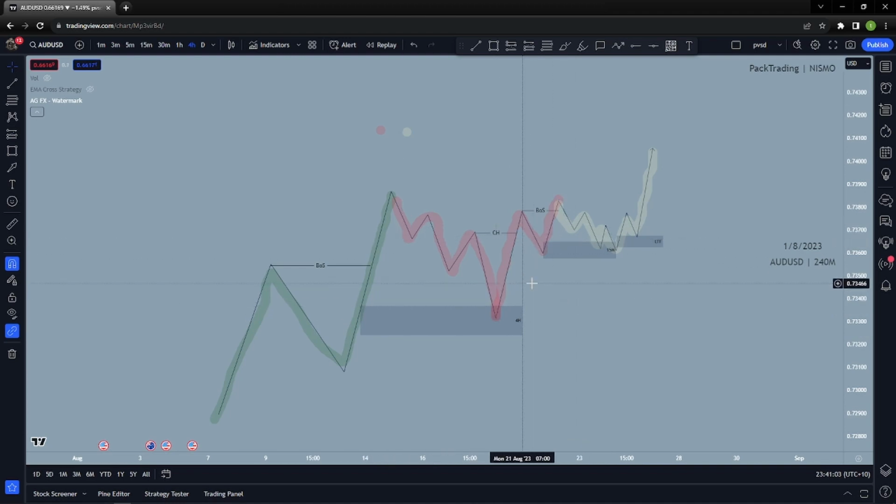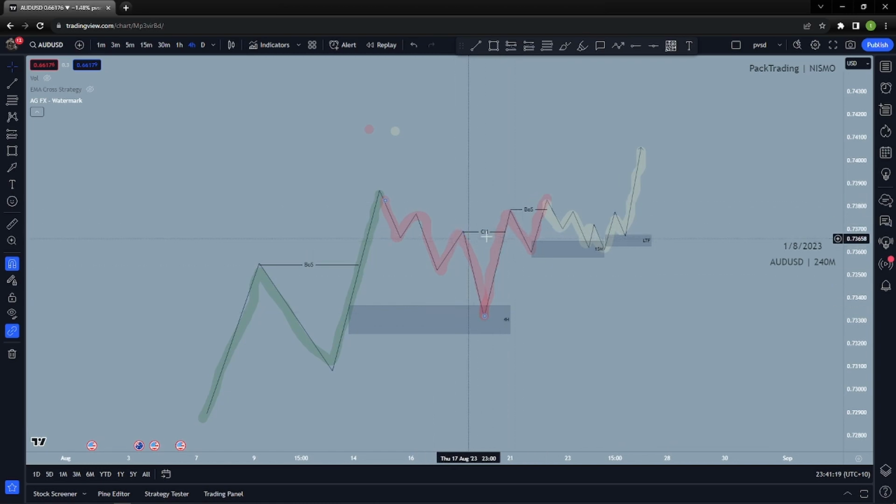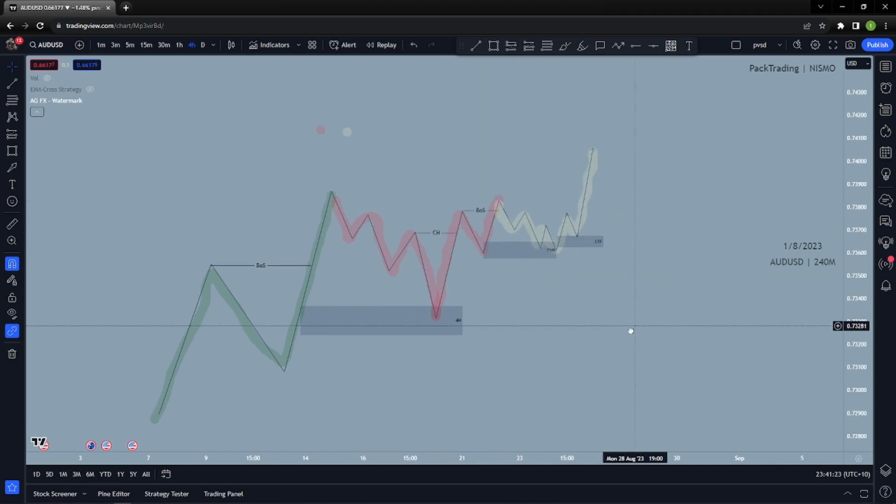So internal is within the structure of the time frame. It's within the break of structure of that specific time frame. So 4 hour, that's internal. With 15 minutes, same goes. Whatever's within the change of character or the BOS, right here, internal.